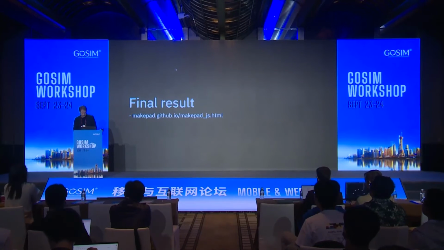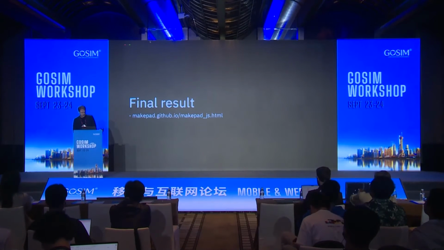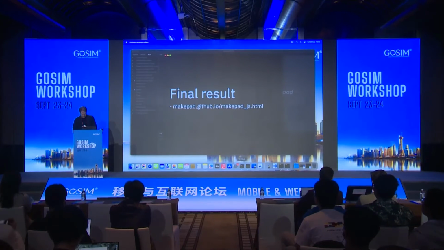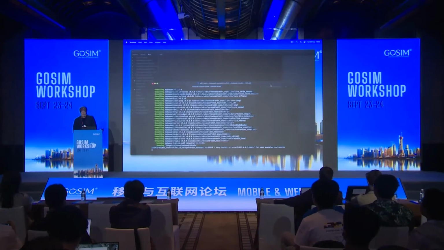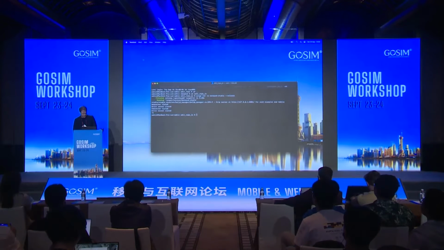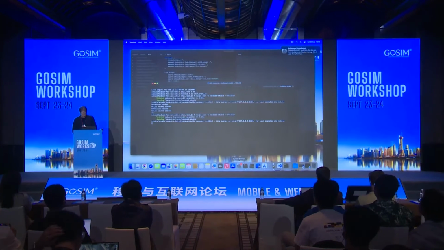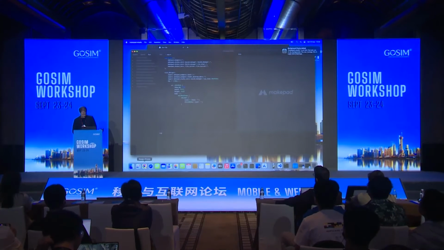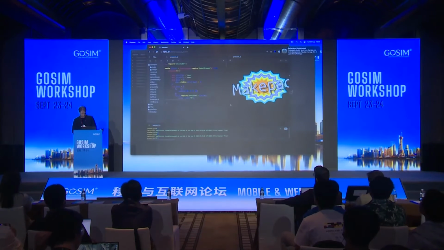I have a final result I could show you. Just quickly, could be fun to have a look. Let's see. I have to actually restart my IDE for that, hold on, Makepad.js.